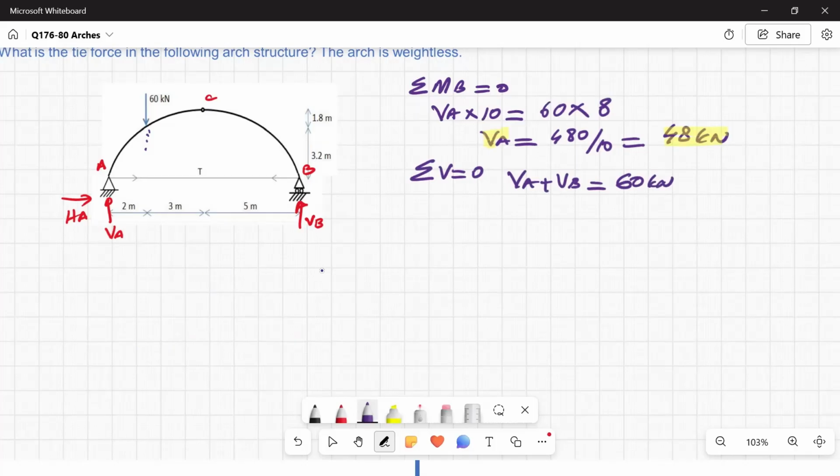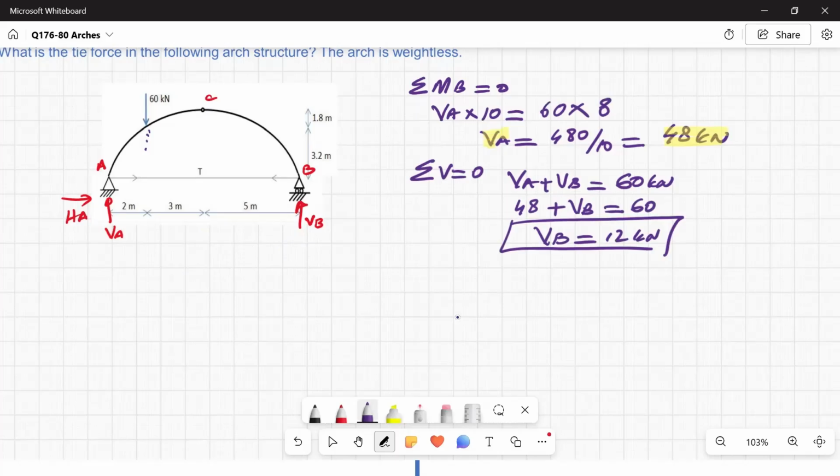And from here, if I put value of VA here, which is 48 kilonewton plus VB equals 60 kilonewton, this will give me value of VB as 12 kilonewton, and the horizontal thrust is equal to tie force in T.